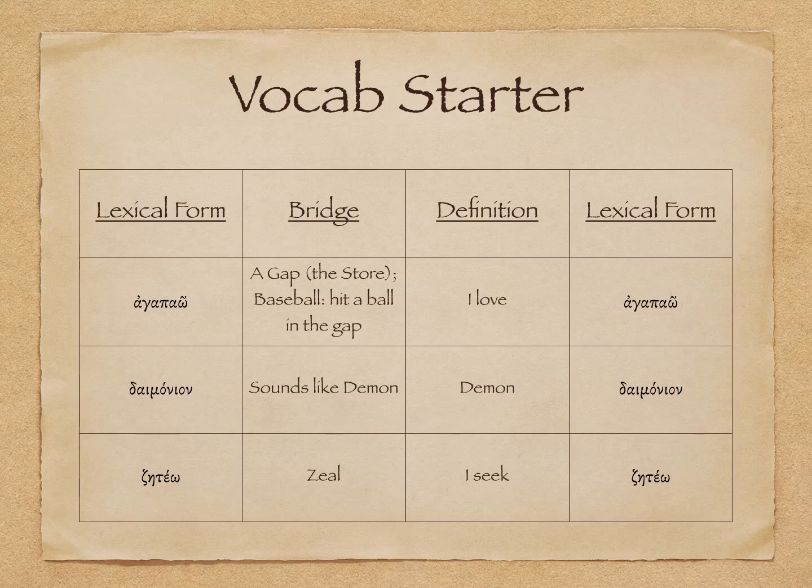I've mentioned the vocab in the past and vocab starters here. I encourage you to use as many senses as possible in memorizing vocabulary. Think of word pictures, think of ideas, think of sights, smells, sounds. And come up with creative combinations.